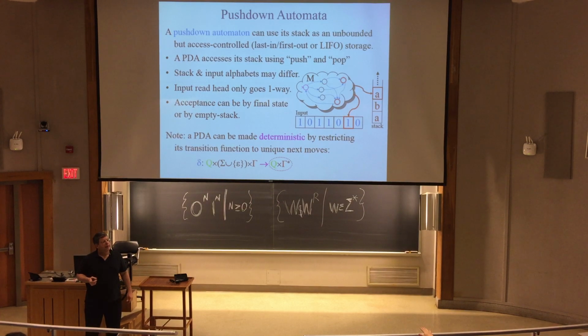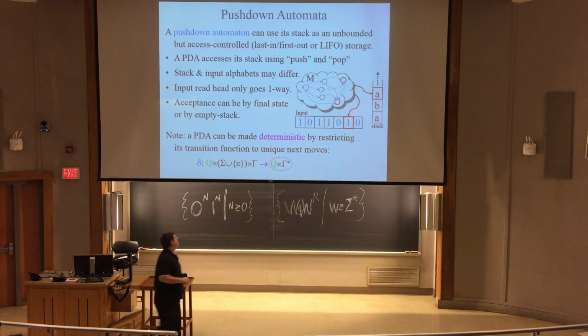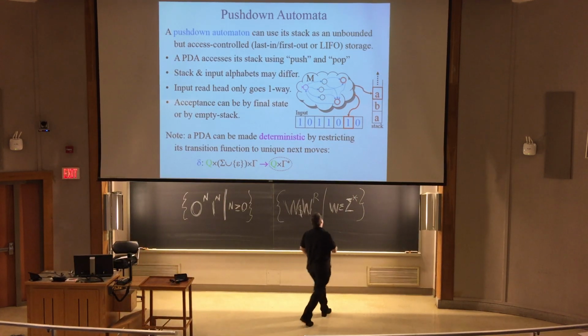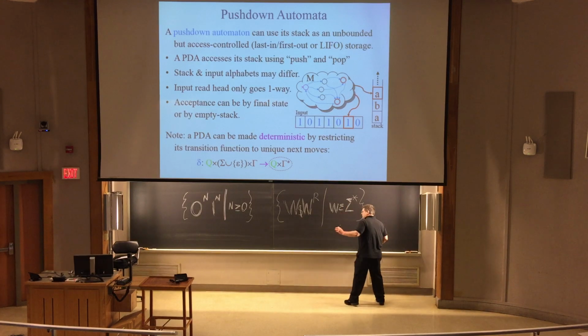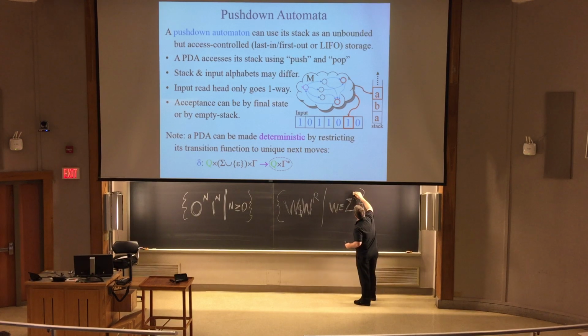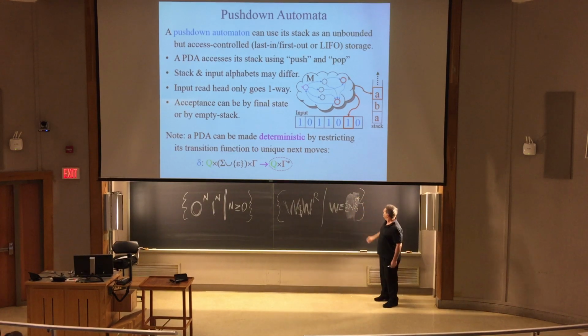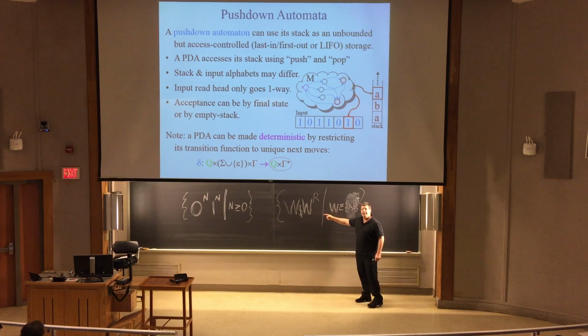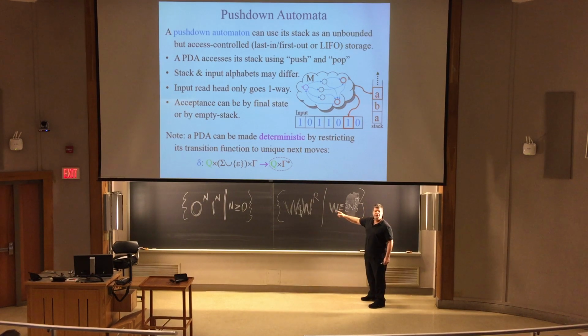Clarification: is the dollar sign like any symbol from the alphabet? So the dollar sign, let's say it's in the alphabet sigma. That's a good point. I'm glad we're splitting this hair. So W is in {A, B} star, so sigma is A, B, and the dollar sign is an extra symbol in the alphabet.